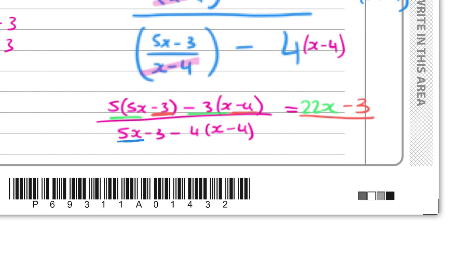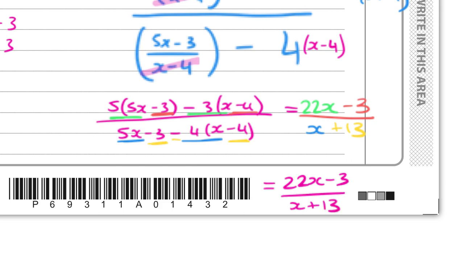Then we're going to have 5x minus 4x, which is just x. And then I'm going to have minus 3 plus 16, which is plus 13. Perfect. Again, you don't have to do it that fast. You can write it step by step, but 22x minus 3 over x plus 13 is correct.